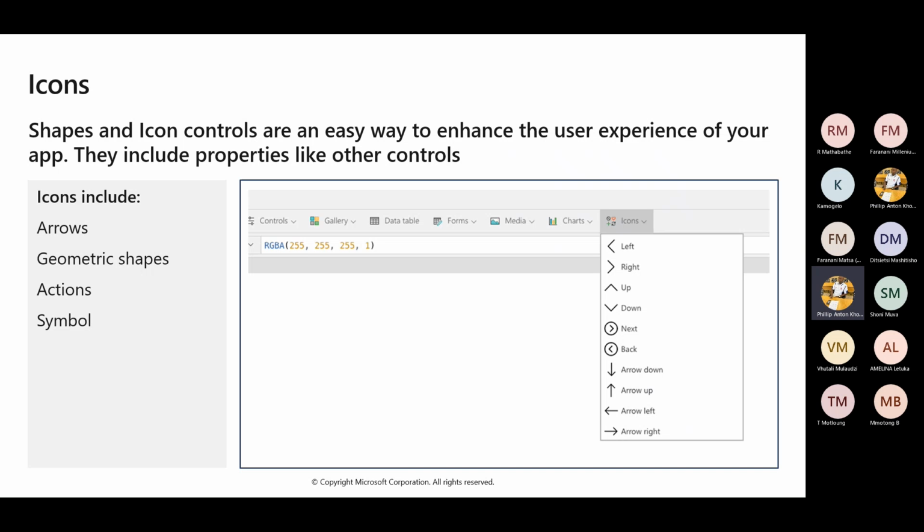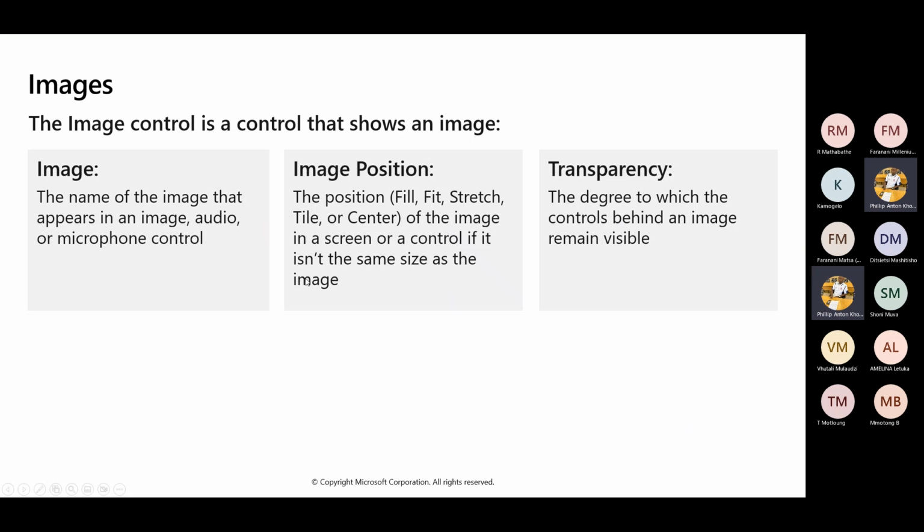And then let's move to images, right? So the image control is a control that shows an image, and the image may be from a local file or a data source.